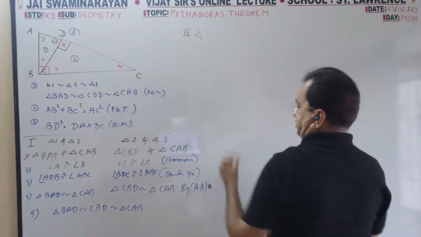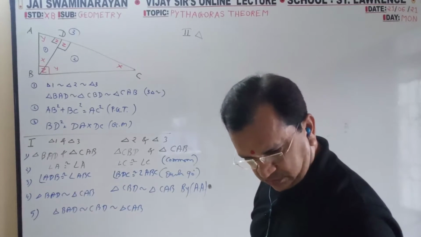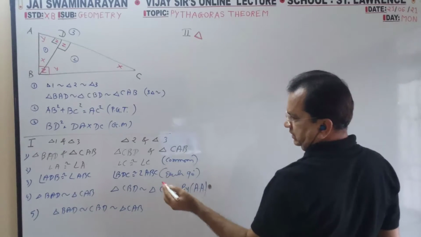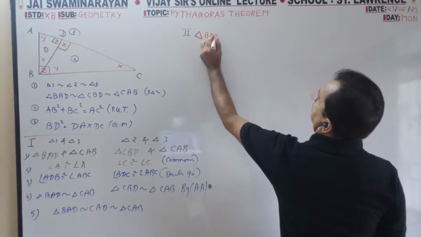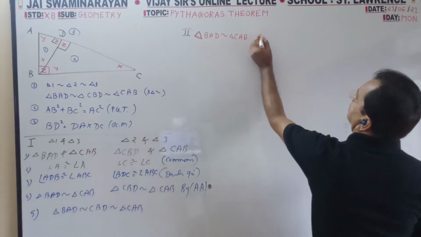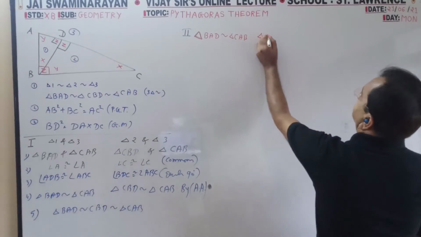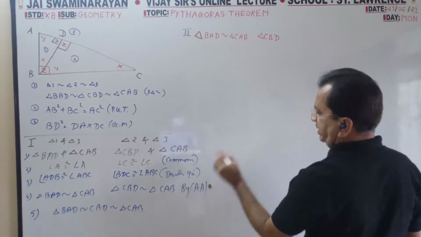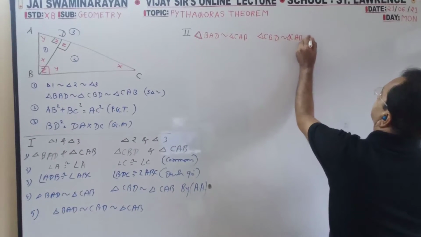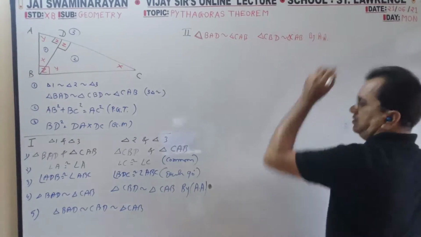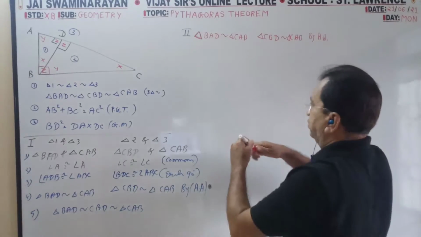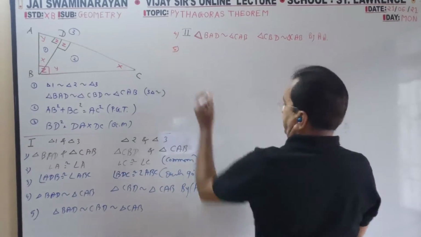So triangle BAD similar triangle CAB. Triangle CBD similar triangle CAB. This you have to write from the fourth step. Again you have to start for the second theorem.